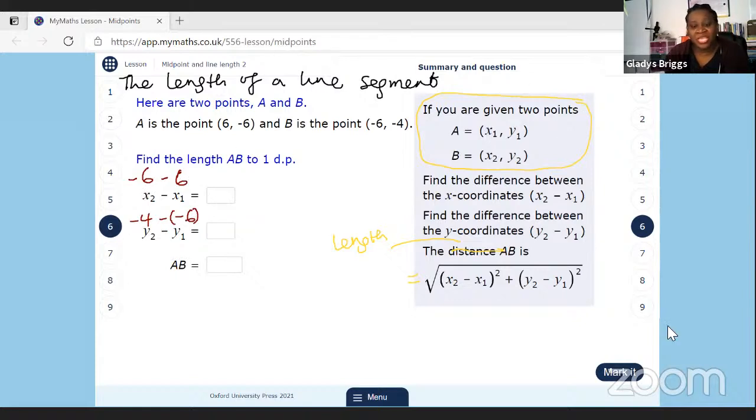Let me see. What are you guys putting in the chat? -4 plus 6. This is y2 is -4 minus y1 is -6. So you still have your minus, and this one comes with the sign, okay?